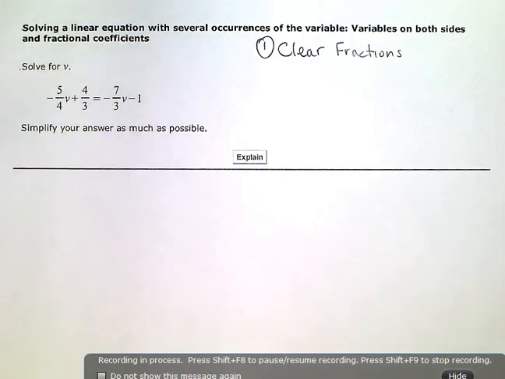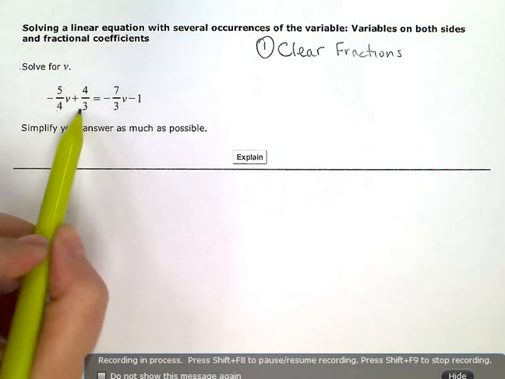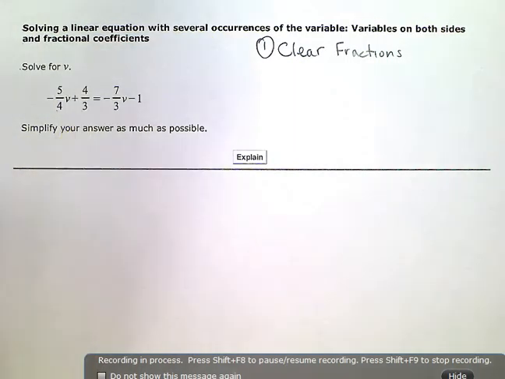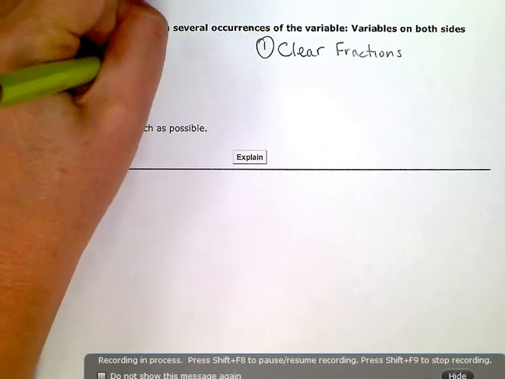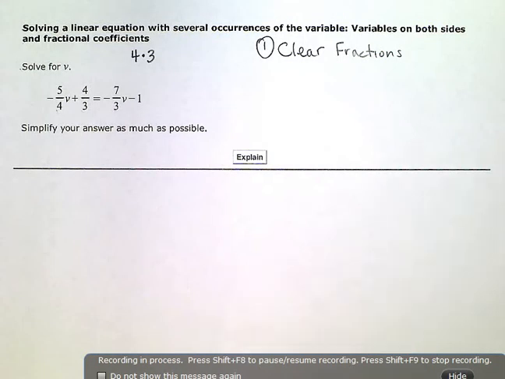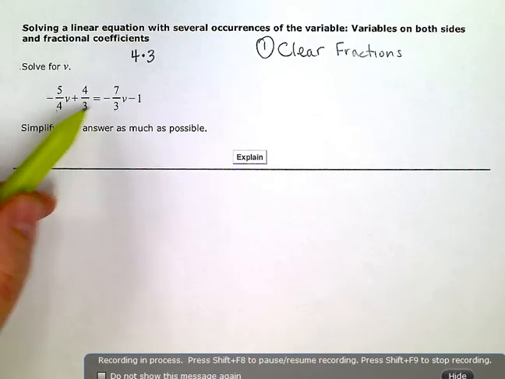So the first thing I want to do is just get rid of those fractions so that I don't have to worry about them anymore. To clear the fractions, I need to look at the denominators. I have 2 different denominators here. I have a 4 and I have 3's. So I'm going to take those denominators and multiply them together. 4 times 3. I only need to put 3 in once.